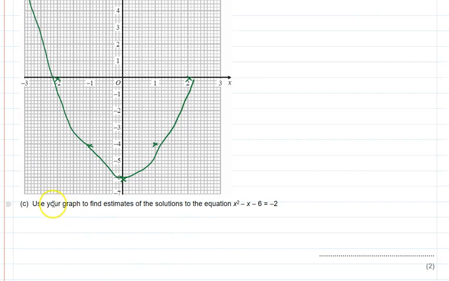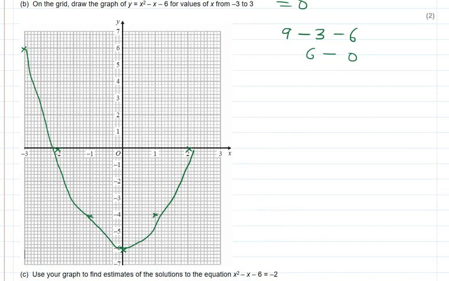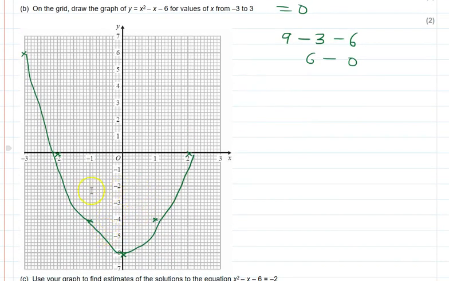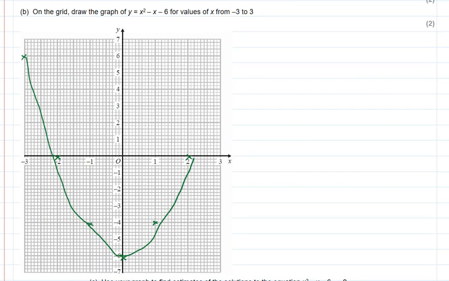Okay, and then they are saying use your graph to find the solution when y is -2. So for -2, this is the line we are going to take. So let's take the -2 line here.